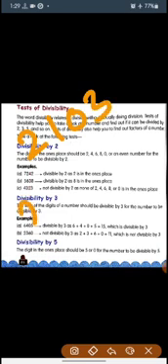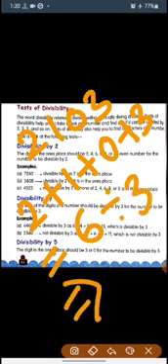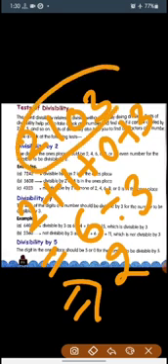What we will do is sum all the digits: 2 plus 1 plus 0 plus 3, and the sum of this we will get is 6. 6 comes in the table of 3, or we can say 6 is divisible by 3, 2 times. So 3 divides 6 completely, so this whole number is divisible by 3.